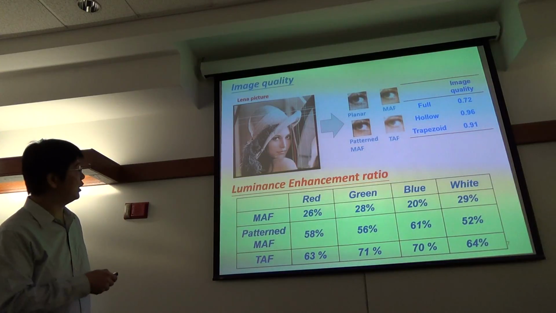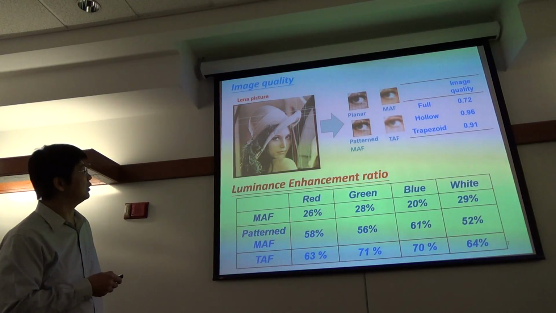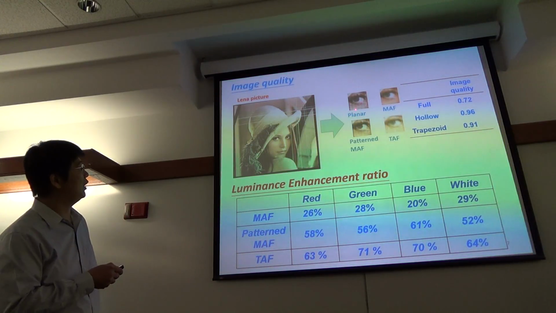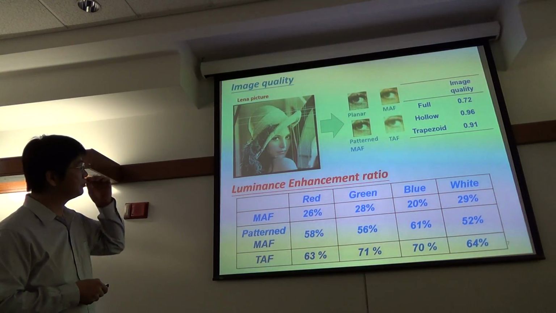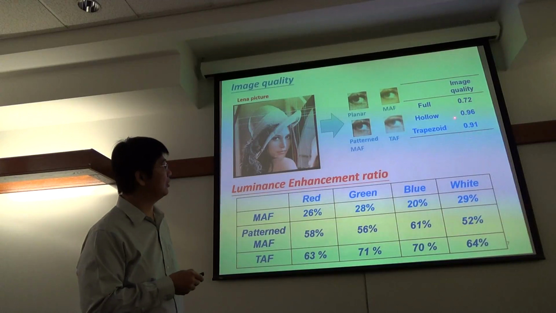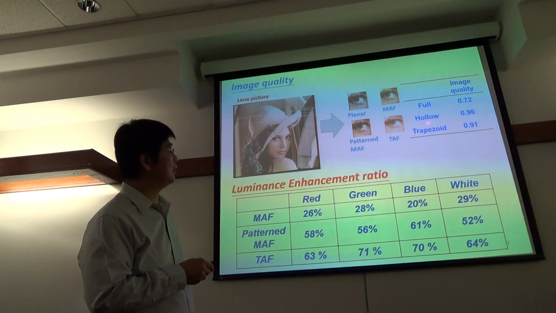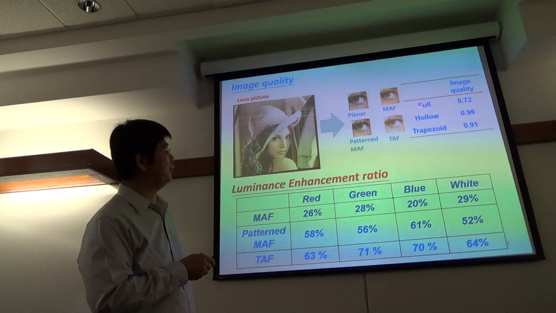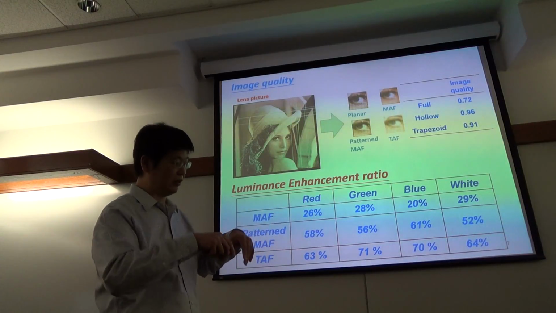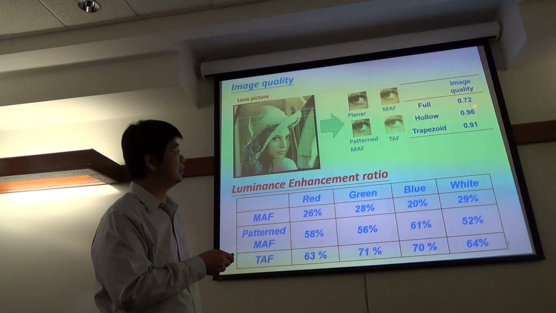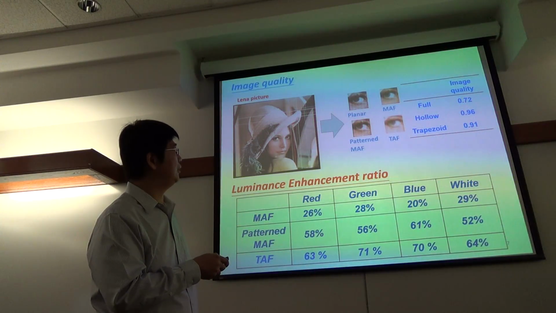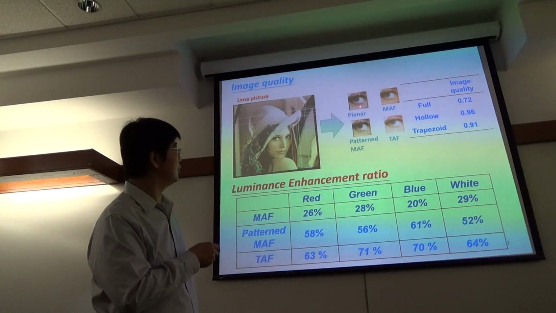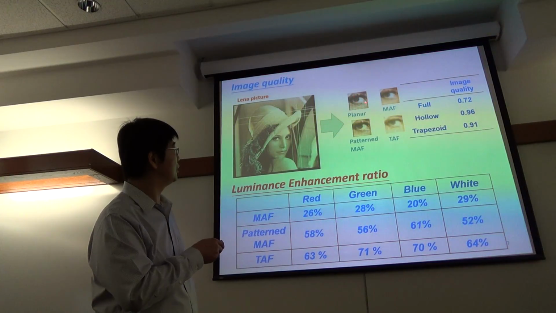So we also use the Lena picture, and we use the image quality factor. If you use the full microlens array, that will degrade the image quality to 72%, 0.72. So that's pretty bad.